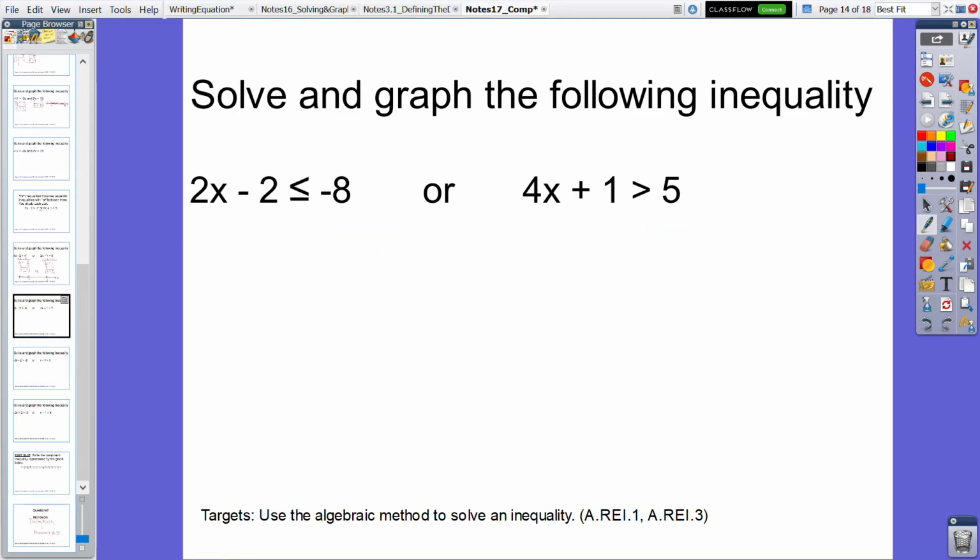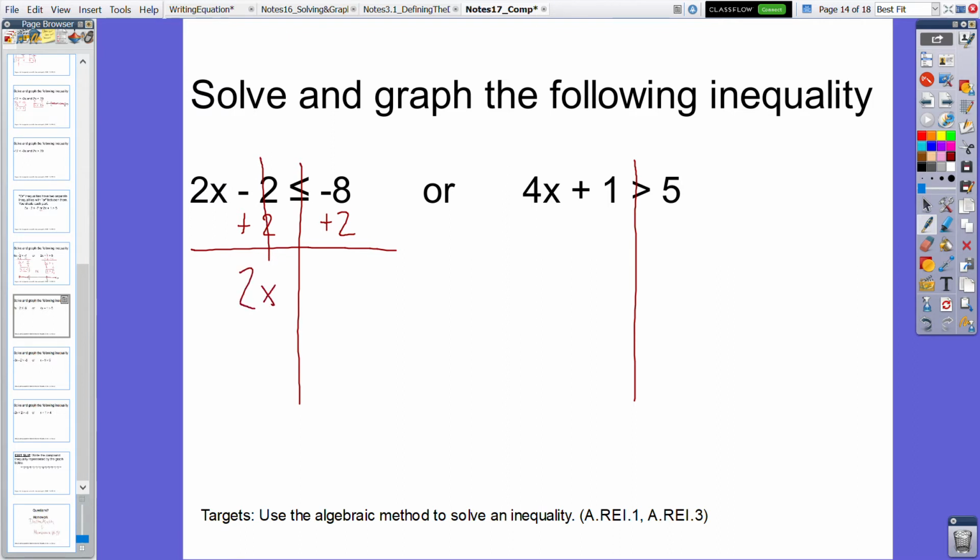Another example, let's say we look at 2x minus 2 is less than or equal to negative 8, or 5x plus 1 is greater than 5. So we solve these like normal. Okay, I'm going to put my boundary line here so we don't get confused. We solve these individually, so I add 2 to both sides of the inequality. 2's cancel.